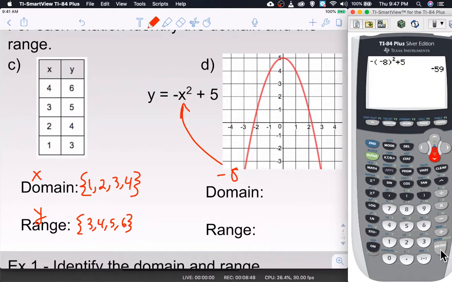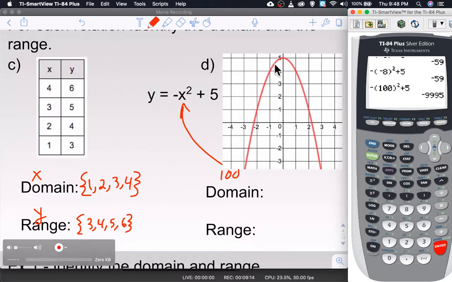All right, so now if I would plug in something else, like does this exist at negative 100 or positive 100? Well, I can plug it in. Negative parenthesis 100, close parenthesis, squared, plus 5. It does exist. So in this problem, again, the domain is actually going to be everything.